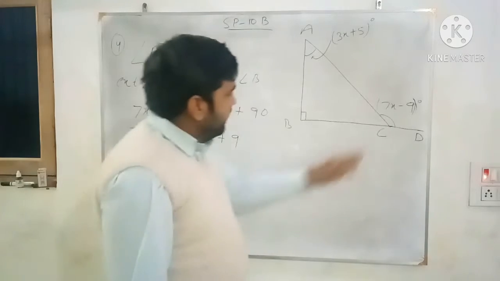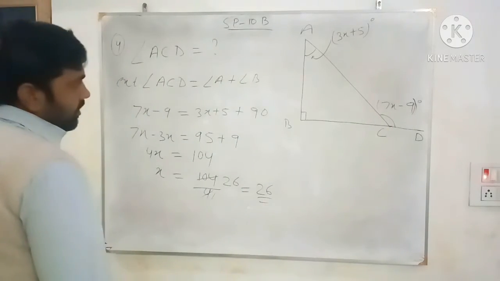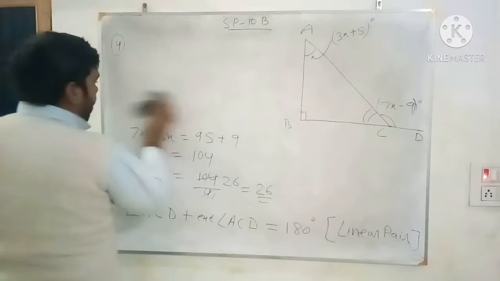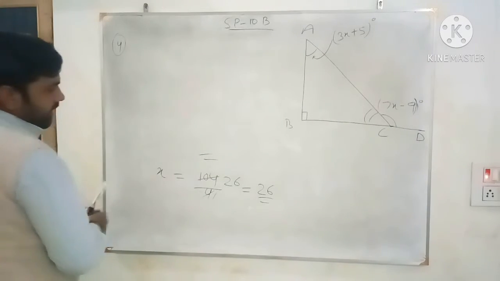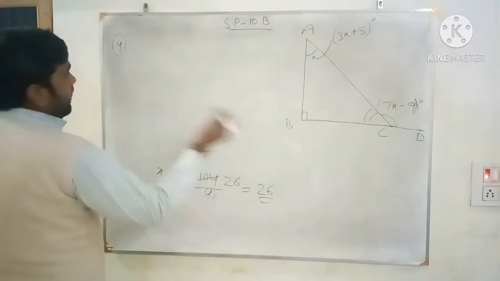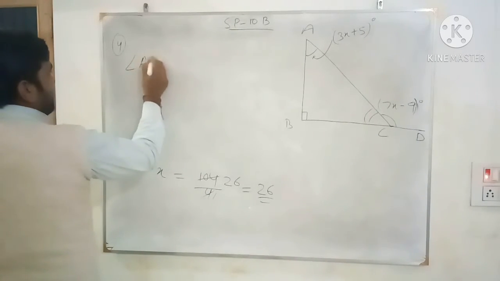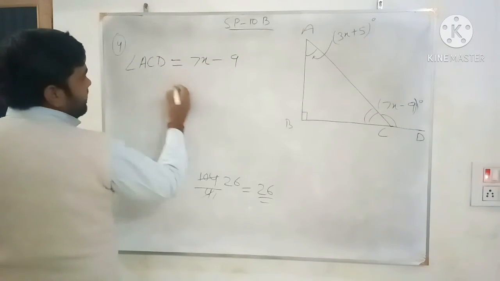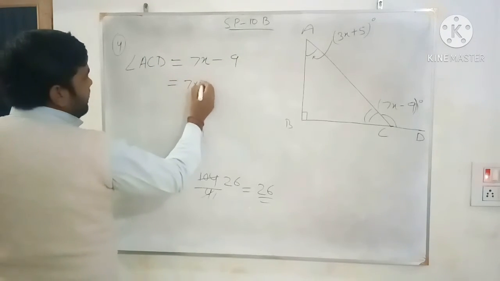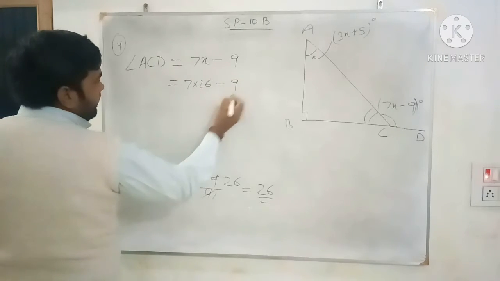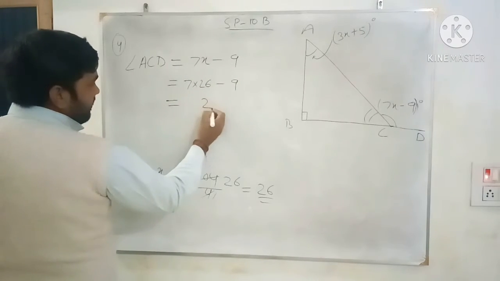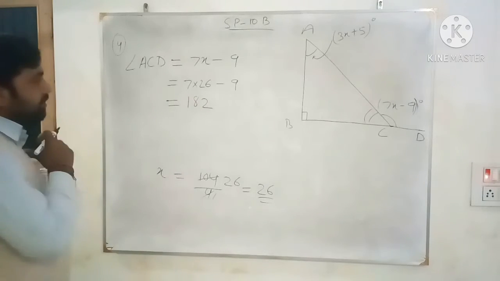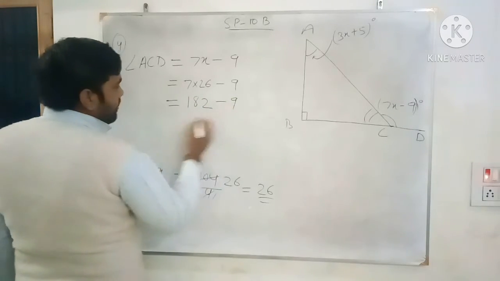So now we will find this exterior angle ACD. So what is the angle ACD? Now angle ACD is equal to 7x minus 9, that is 7 times the value of x, 26, minus 9. 7 6s are 42, 7 2s are 14, so we get 182 minus 9.